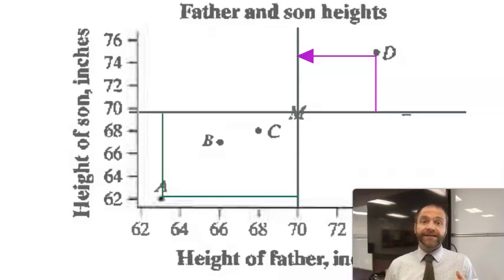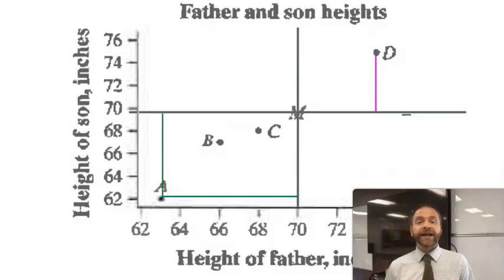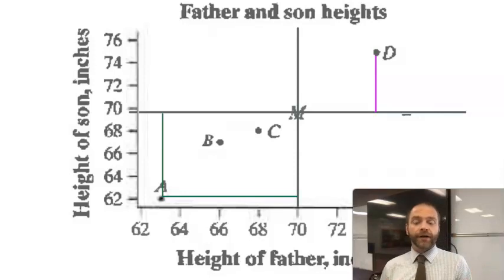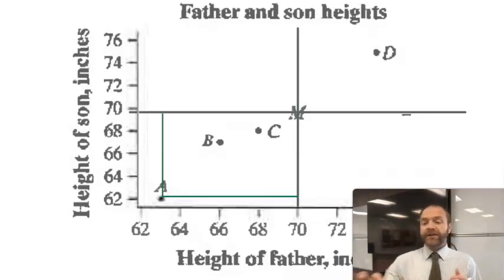Now in this case, I think A is further away from x bar than D is. So when it comes to the x values, I think A is further away from the x bar. And when it comes from the y bar, I do think A is still further away than D is from y bar. So that's telling me A is going to contribute the most. Now let's go back to this.